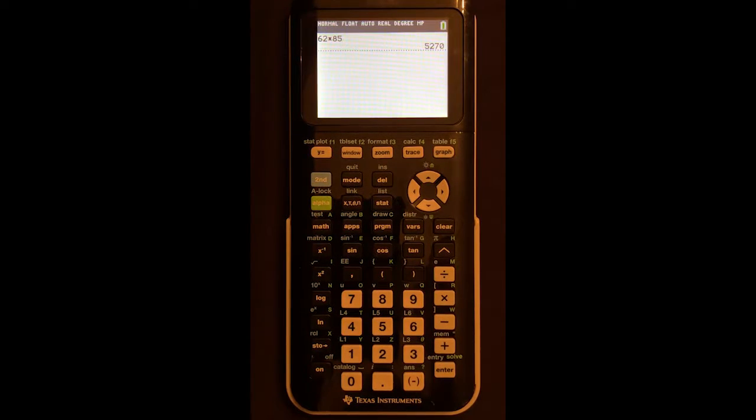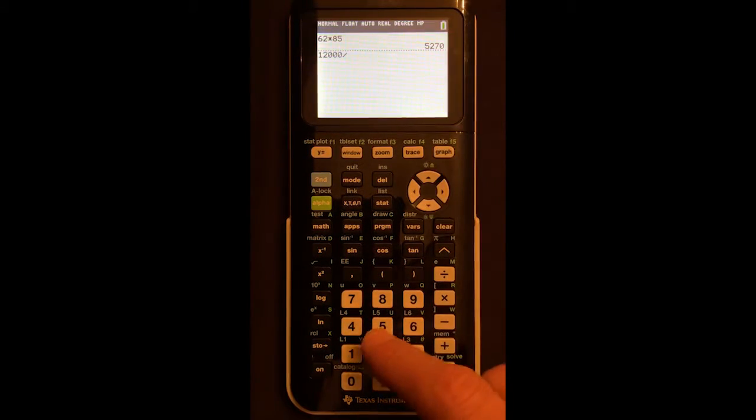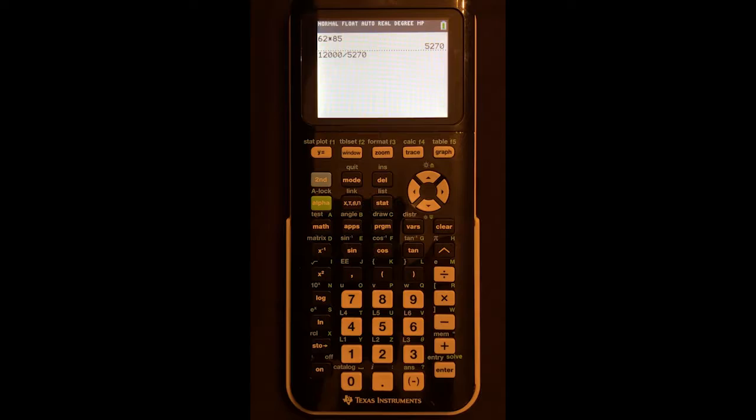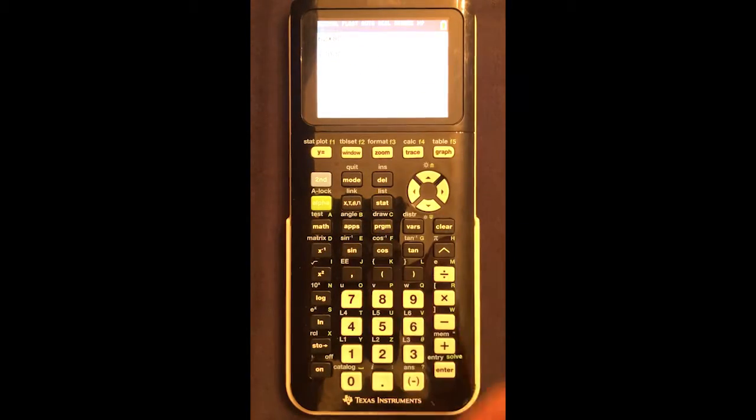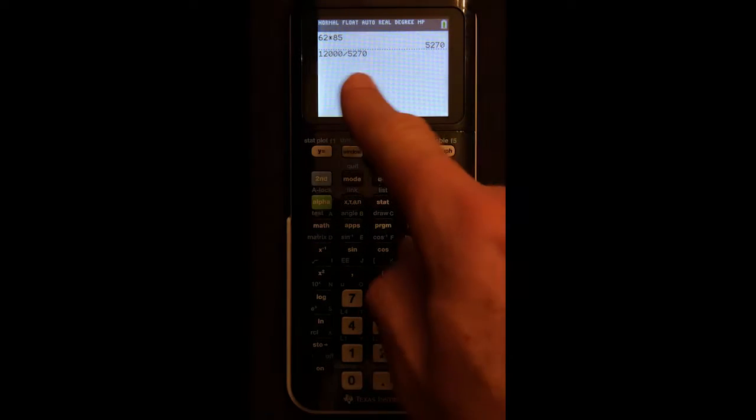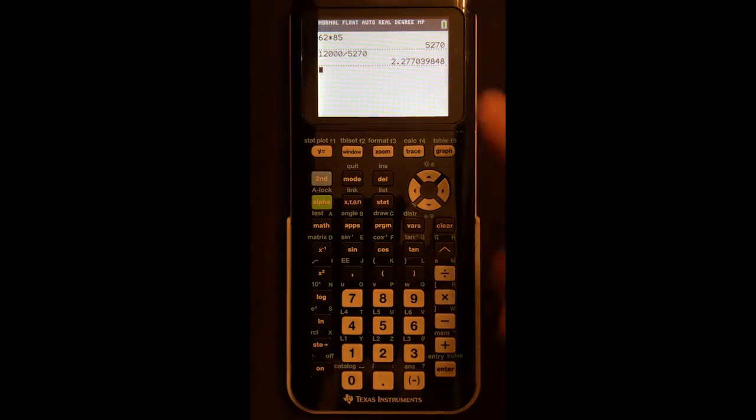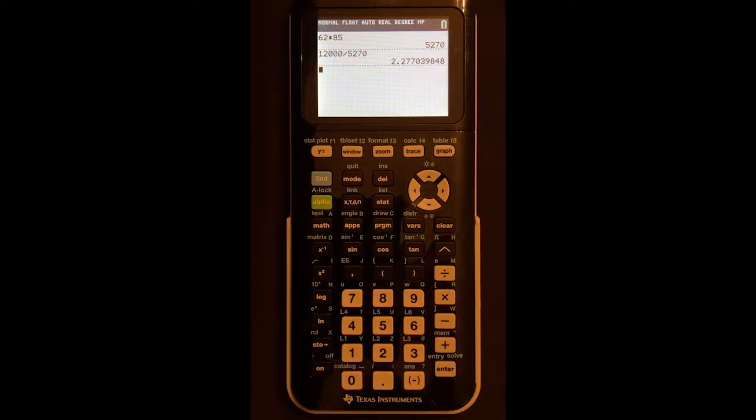So you want to know the 12,000 cubic meters divided by the 5,270 square meters, which will give you the depth of that snow once you theoretically put it in that lot. The depth will be in meters, 2.27 meters. So that's why choice C is correct.